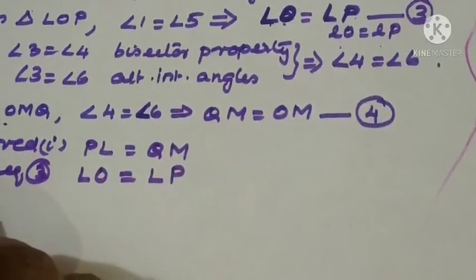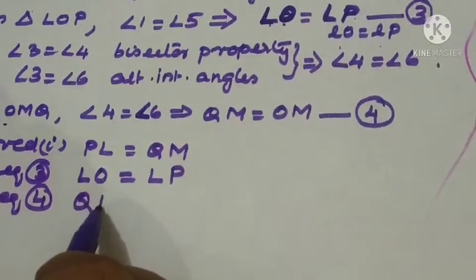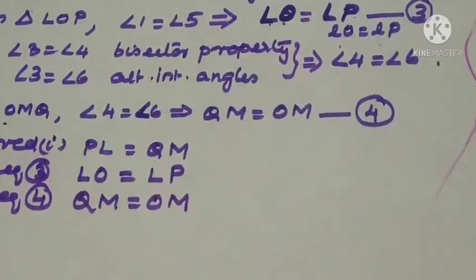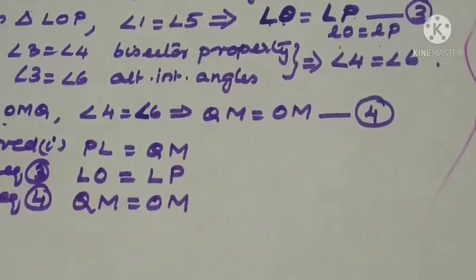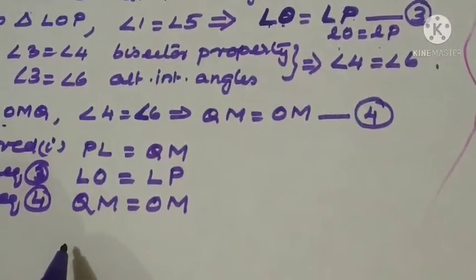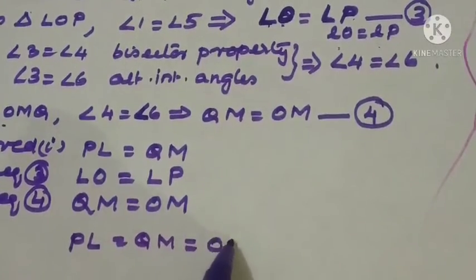Now equation 4, QM equal to OM. Now what is the conclusion from this? PL equal to QM equal to OM.